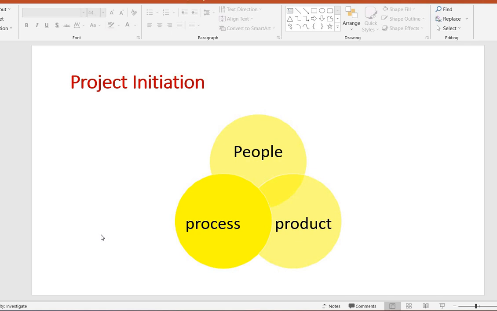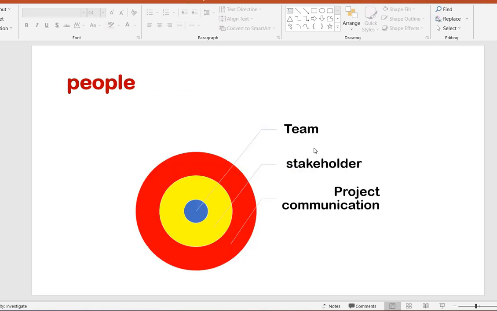As far as people are concerned in general, we have to think about the team, we have to think about the stakeholders, and we have to think about the required project related communication. So the team is responsible for planning whatever skill is required, what they will need to do.